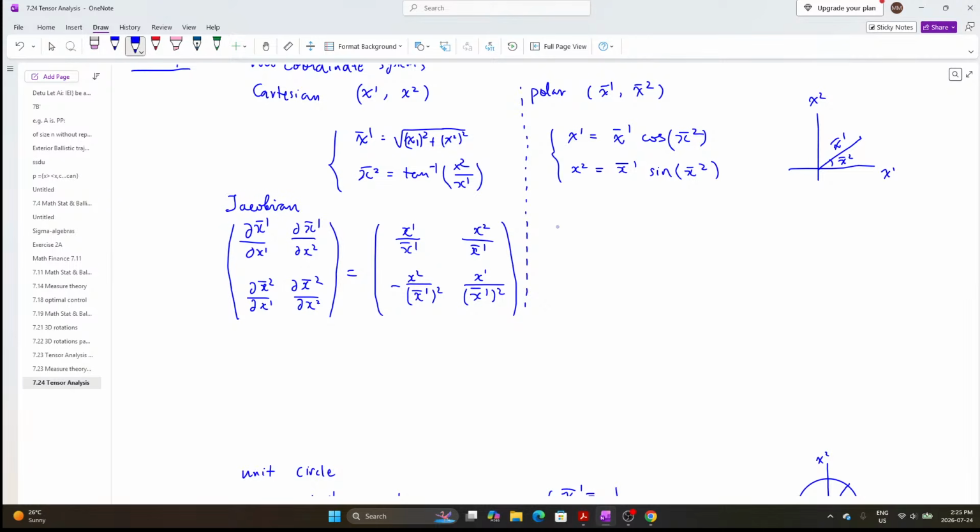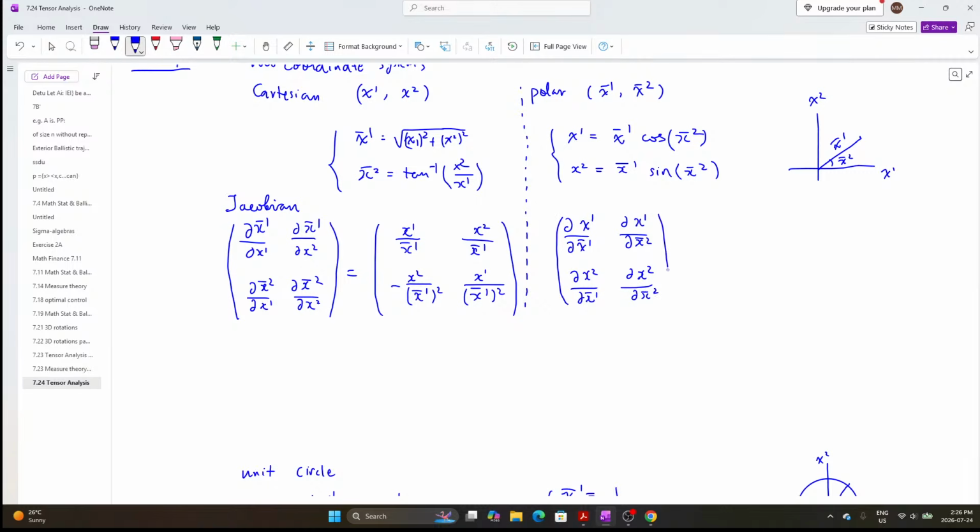All right. So second, the inverse Jacobian. This should be easier. So dx^1 over dx bar^1, dx^1 over dx bar^2. No, it's still dx^1 upstairs. Now you have dx^2 over dx bar^1, dx^2 over dx bar^2.